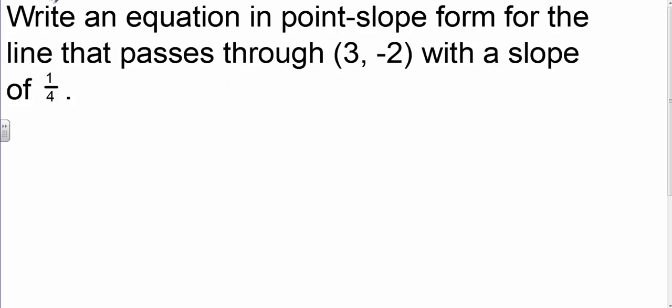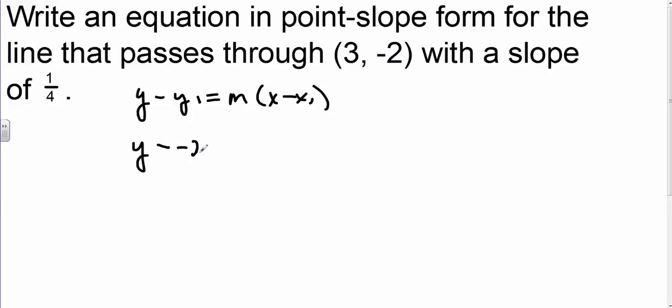Write an equation in point-slope form for the line that passes through (3, -2) with a slope of 1/4. Remember that it's y minus y1 equals m times x minus x1. Alright, so this is the way it goes. You put y minus -2 equals slope 1/4 times x minus 3.